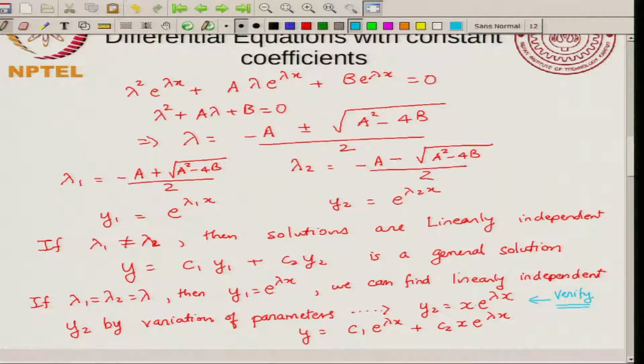And so I can write y2 as x e to the lambda x. What this shows is that if you have a homogeneous equation with constant coefficients, you can always find two linearly independent solutions.